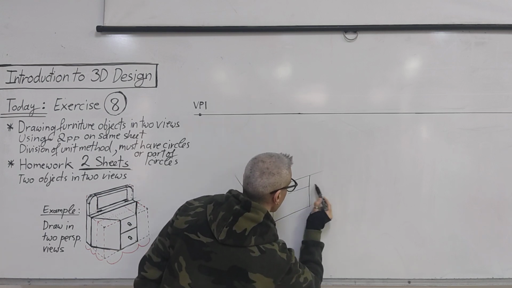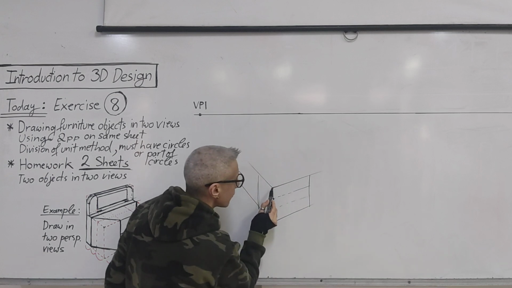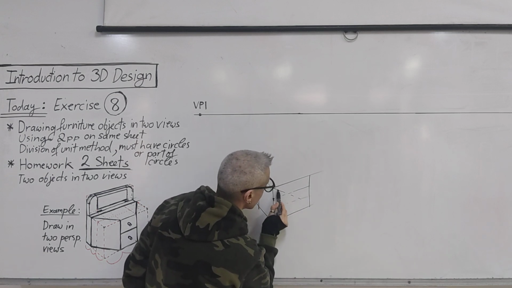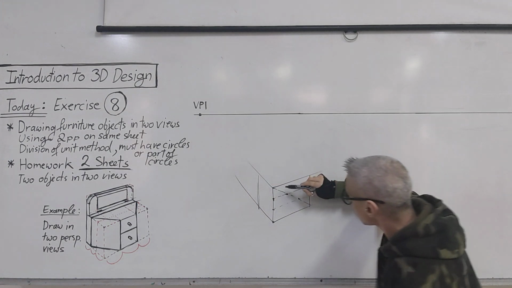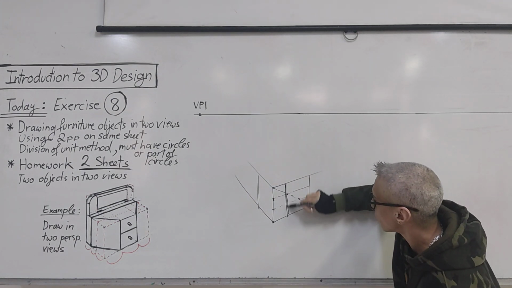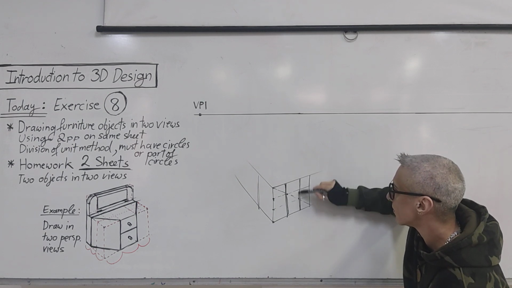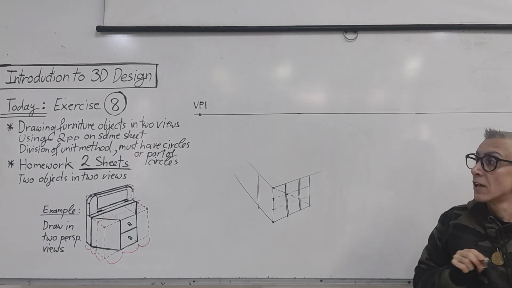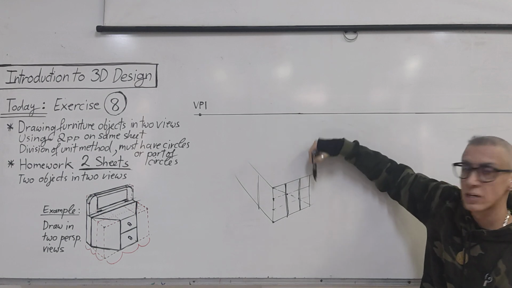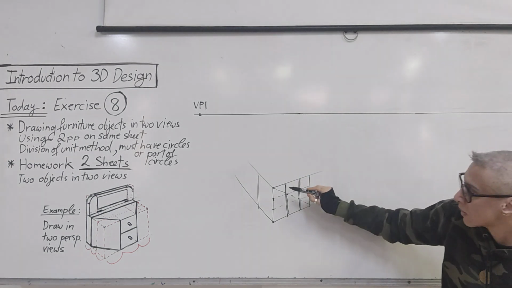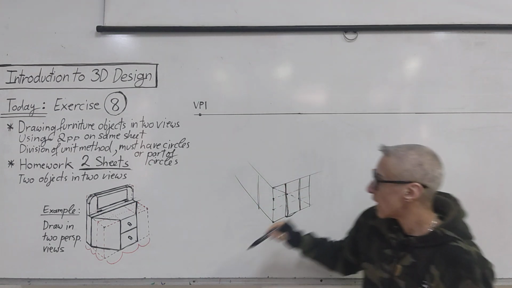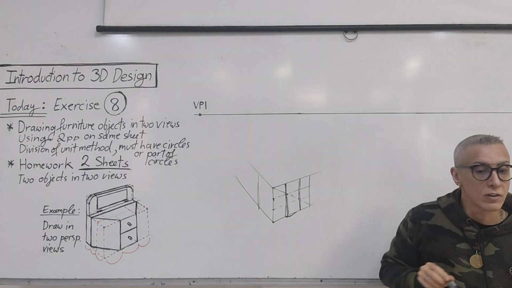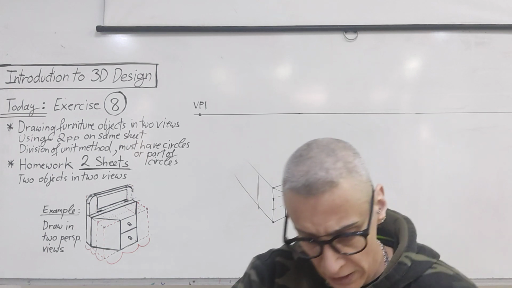Then take this line and this line. And from here, I can take another line. So here and here is the division. So this is the first, this is the second, okay? And then after that, I can basically continue, okay? So now I know where this object is located here, and then I can continue the other details. That's one way to start.